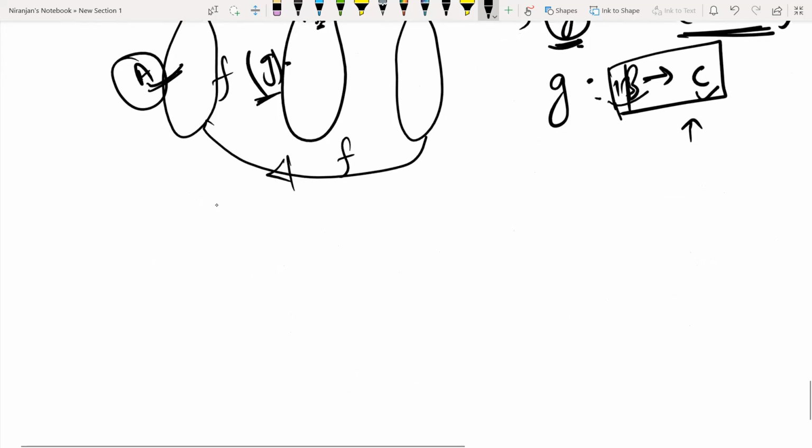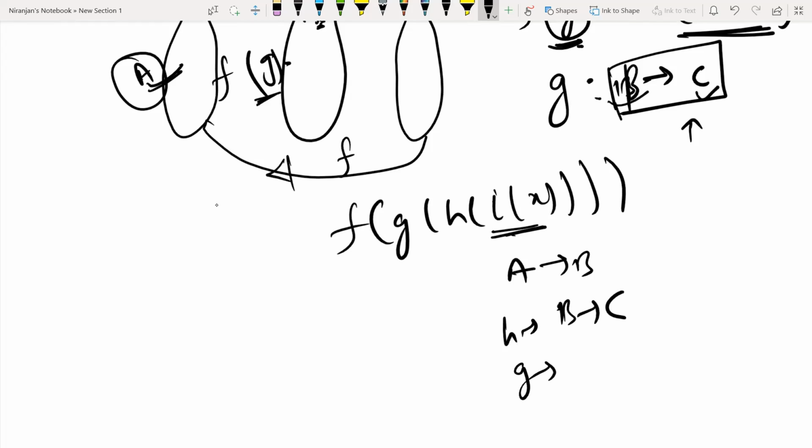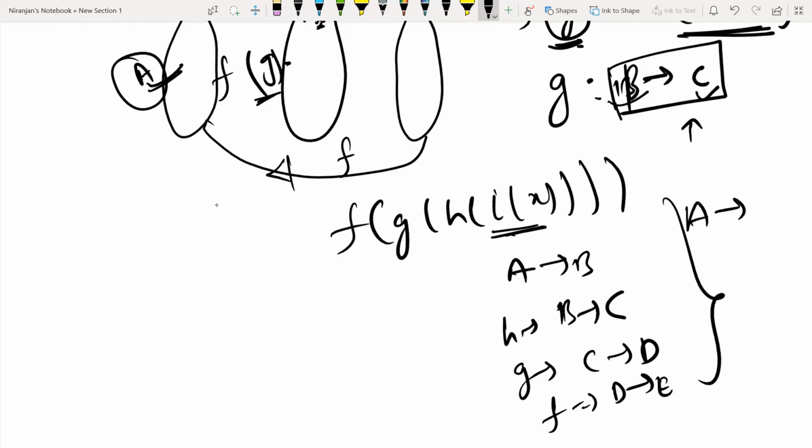So tomorrow I can define f of g of h of i of x, something like that. I can define anything. Suppose i is mapped from A to B, h is mapped from B to C, g is mapped from C to D, and f is mapped from D to E. So basically, I'm reaching from set A to set E. That's how you define the composite function.